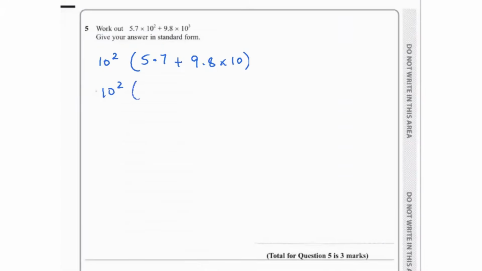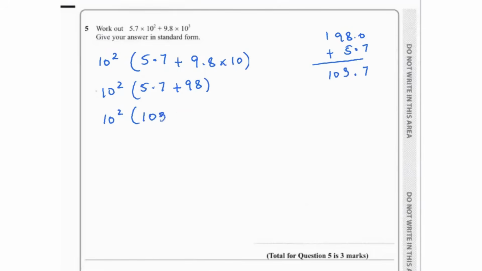So 10 squared times (5.7 plus 98), because 9.8 times 10 is 98. Then we add the two: 98 plus 5.7.